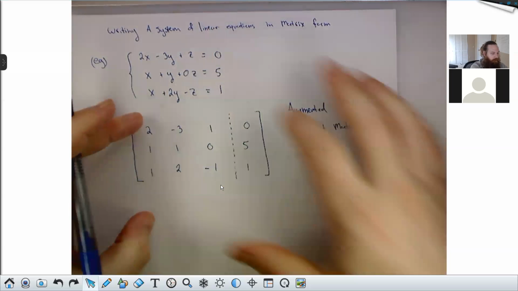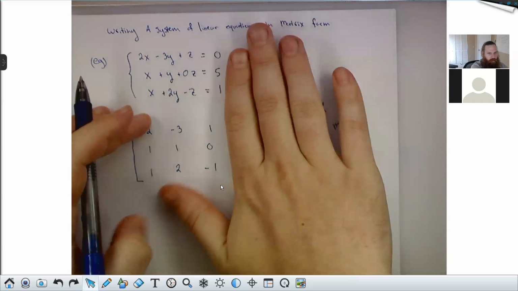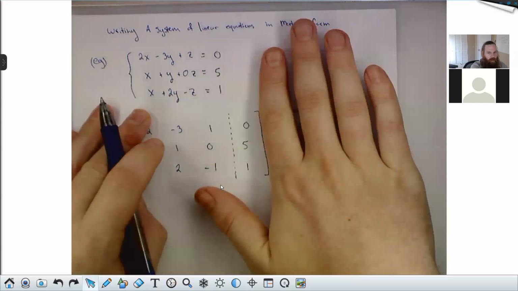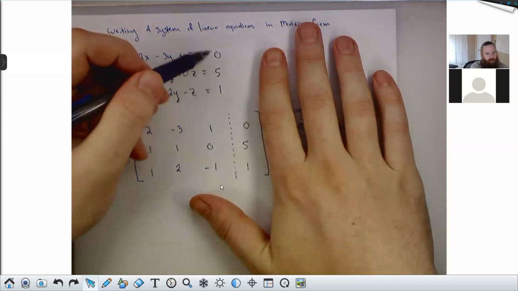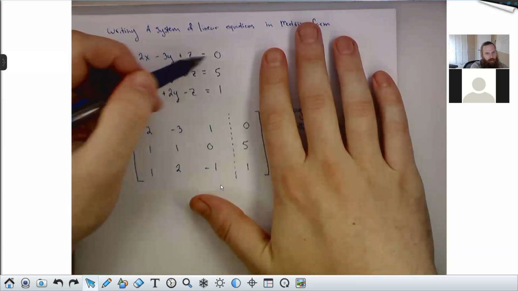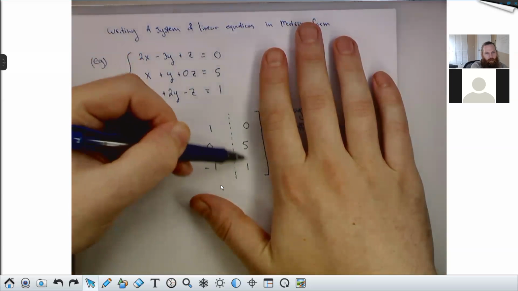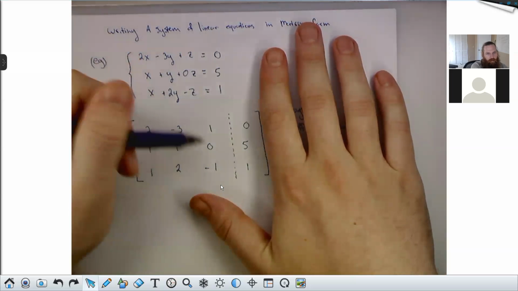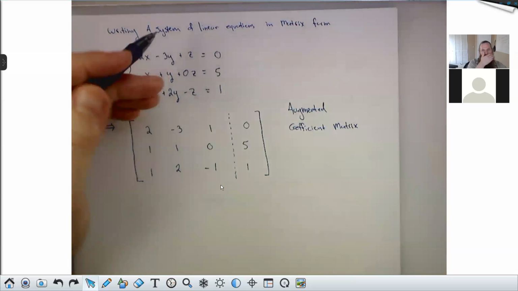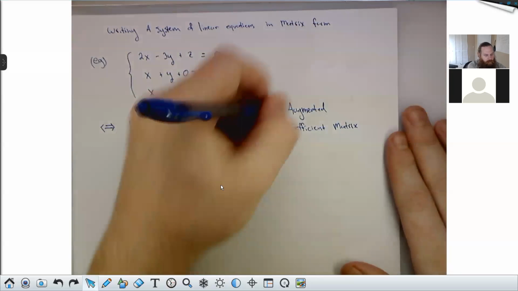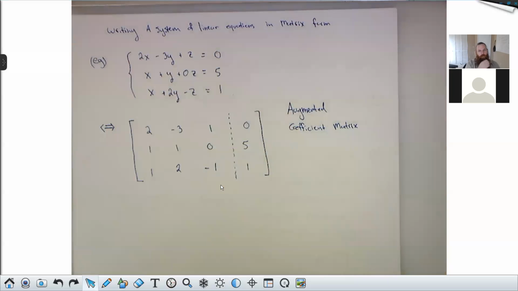The coefficient matrix on its own is just this stuff. And when you add on these right-hand sides, the right-hand side of each equation, here we call that augmenting the coefficient matrix. So that's called the augmented coefficient matrix.